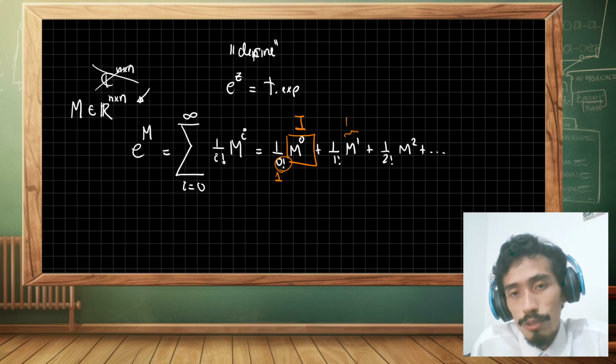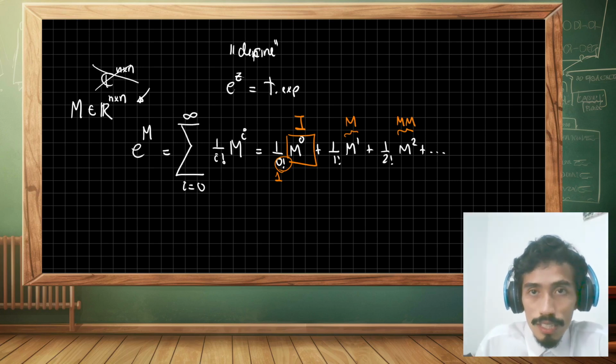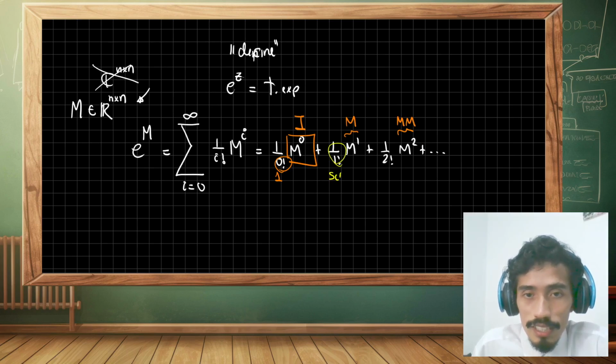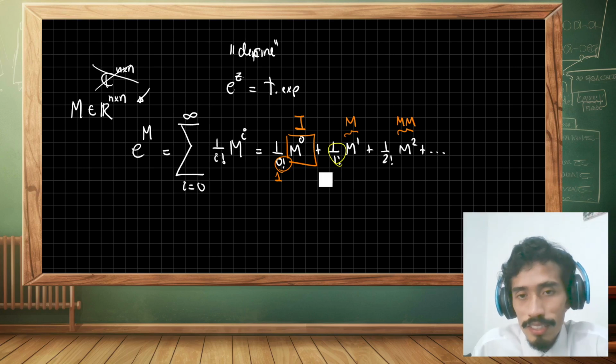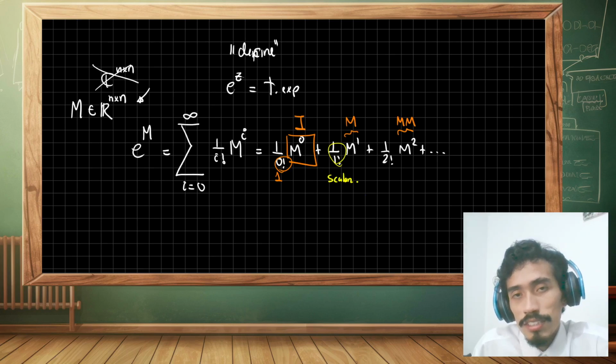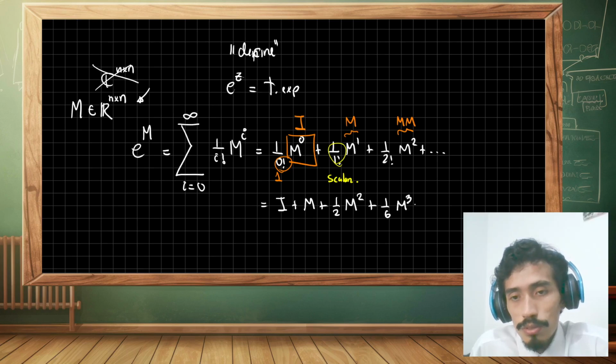Of course, this is the same matrix M, this is M times M, and so on. And every term here is a scalar, in this case a real number. So there's nothing weird going on here. It's just a sum of the identity matrix I plus the matrix M plus 1 divided by 2 times the matrix M squared plus M cubed over 6, and so on.